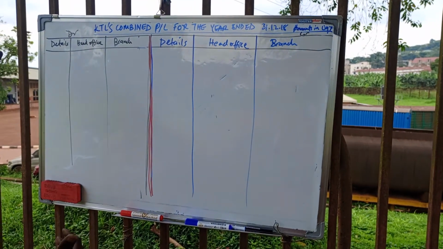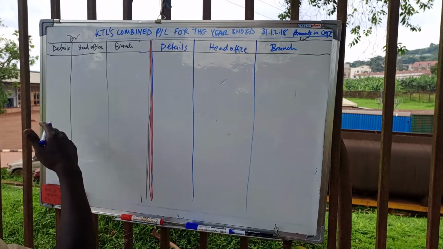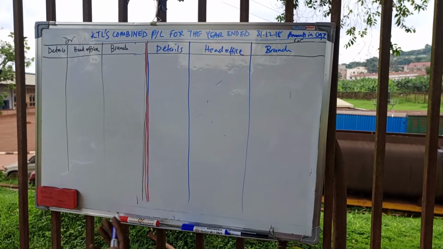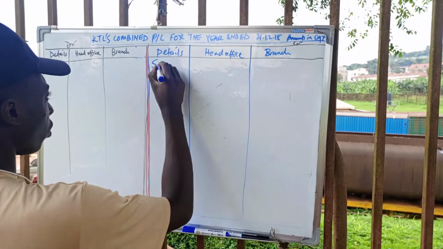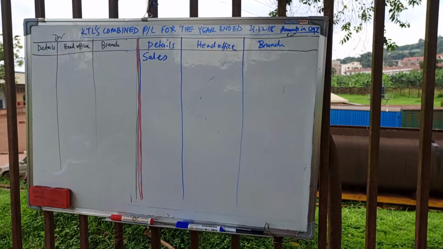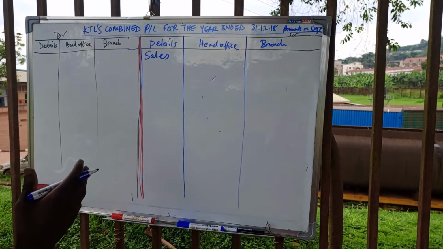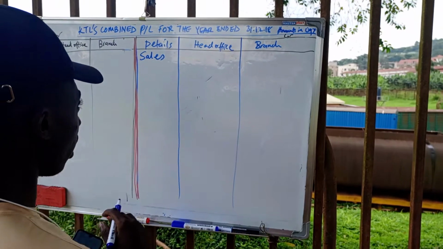When you are preparing the income statement, you know that we start from the sales figure. And sales have a credit balance. They increase by crediting. So you start with your sales, but you recognize them on the credit side because they increase by crediting. I look at the head office.